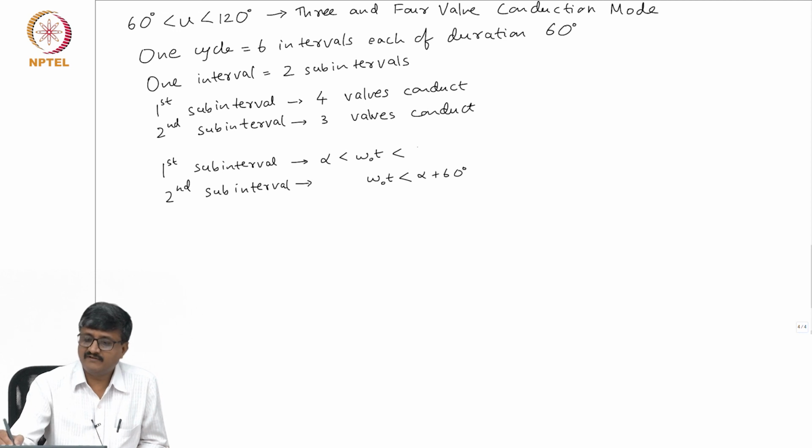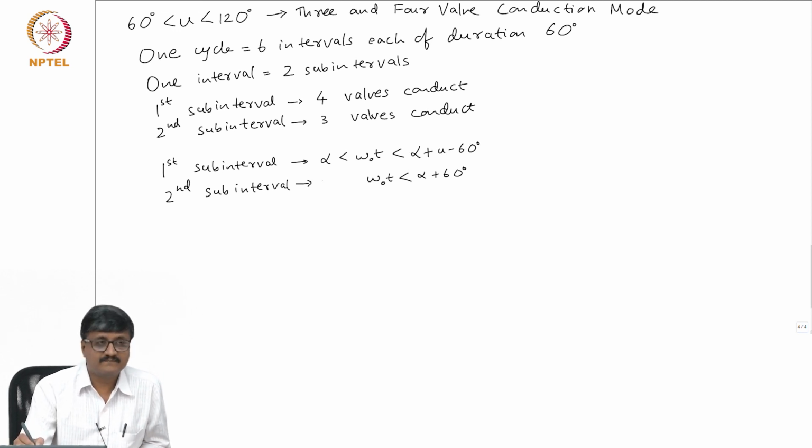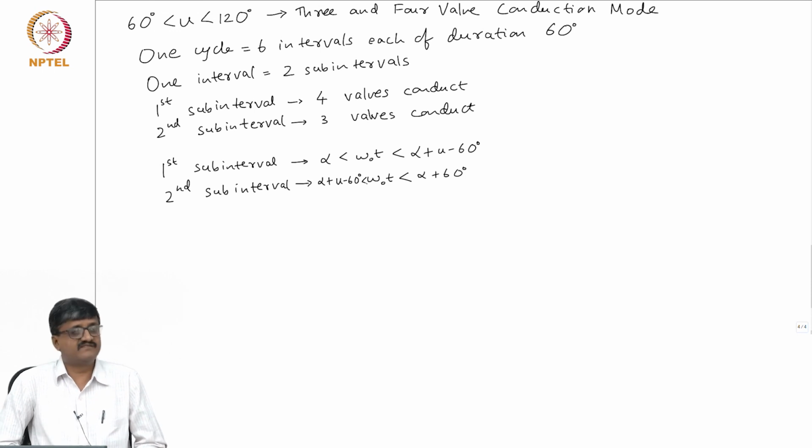Alpha plus U minus 60. So, alpha plus U minus 60 degrees is less than omega t less than alpha plus 60 for the second subinterval. Is that okay or not?